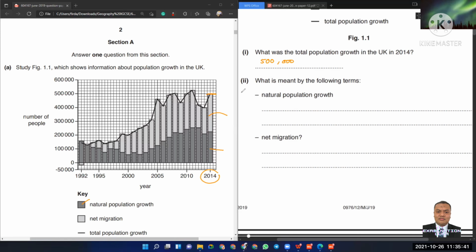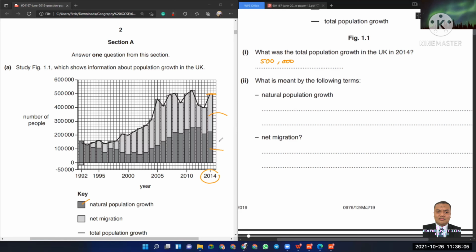Okay, jangan confuse. Dalam graf ini semuanya telah dikira. Melainkan kalau dia bagi graf, dia bagi tahu ini adalah kadar kelahiran, ini adalah kadar kematian. Berapakah rate untuk natural population growth melalui data tersebut. Only then you need to calculate. But then again, it is given here directly.